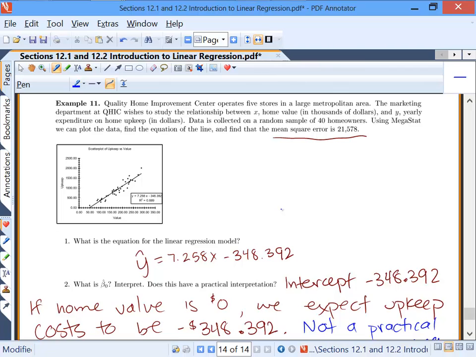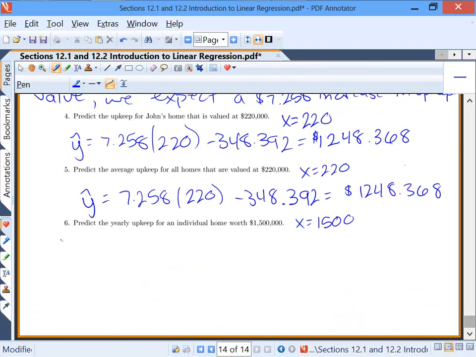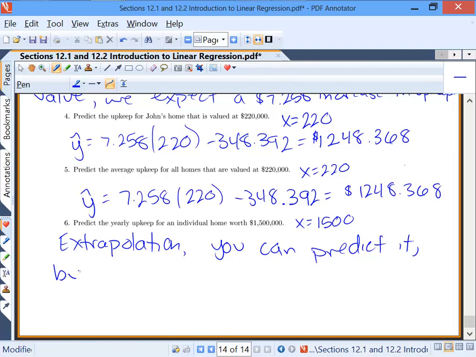So where is my 1,500? Right out here. Can you guarantee that that linear relationship continues all the way up to our 1,500? No. So this would be extrapolation. You can predict it if you want, but it is probably inaccurate.